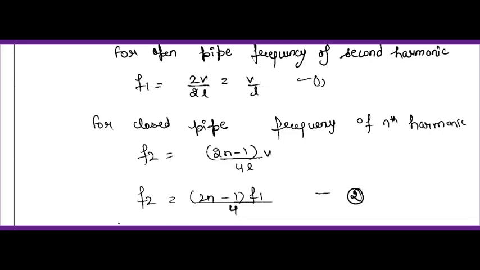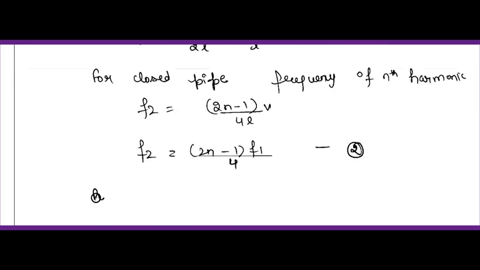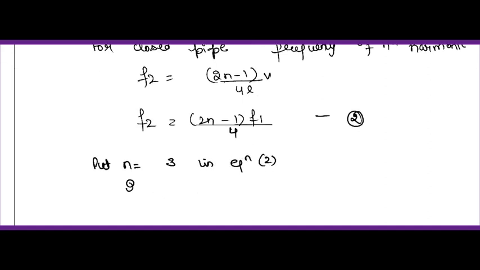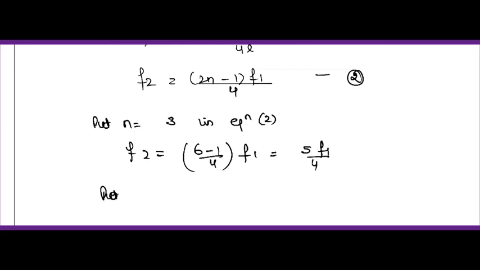Put n equals 3 in equation 2, we get f2 is equal to 6 minus 1 divided by 4, and this is f1. So this is 5 times f1 divided by 4. And put n equals 5 in equation 2.